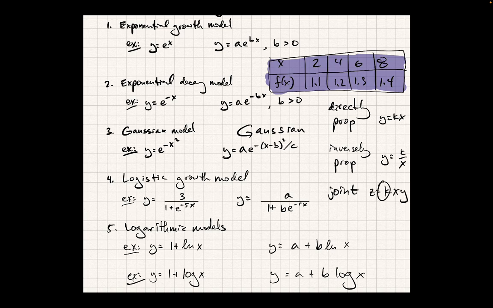So k appears in the numerator always. Joint means they're both contributing to direct proportionality. Two things are directly proportional. That's called joint. And then what's the last one?